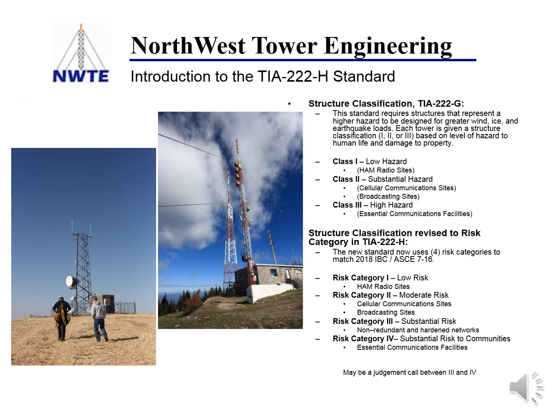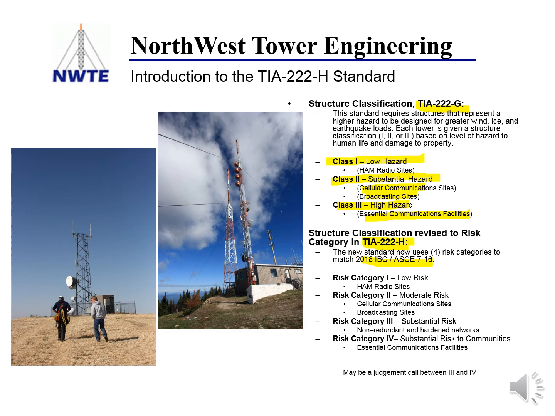Okay, classification. In the G standard, we had 3 classes: class 1 low risk, then class 2 substantial risk, which is really your cell towers and broadcast, and class 3 essential facilities. That is being modified in the H standard and brings us in line with the IBC and ASCE 7-16, so now it's referred to as risk category.